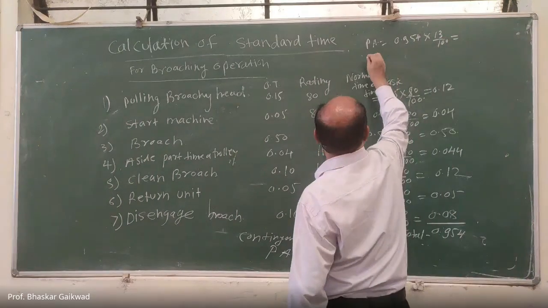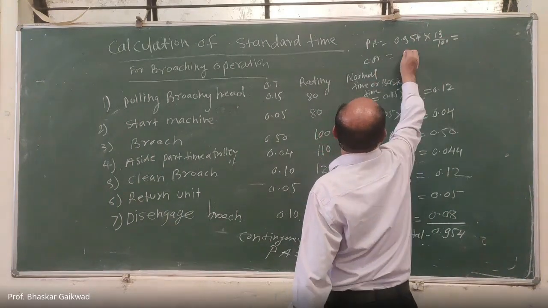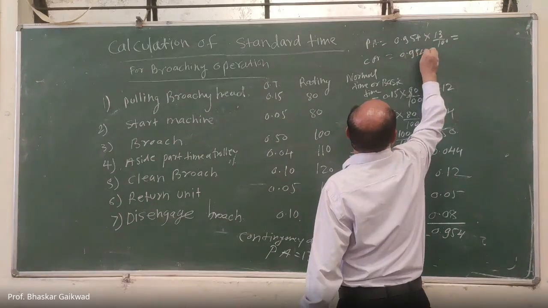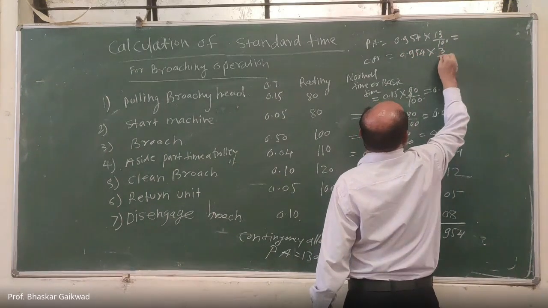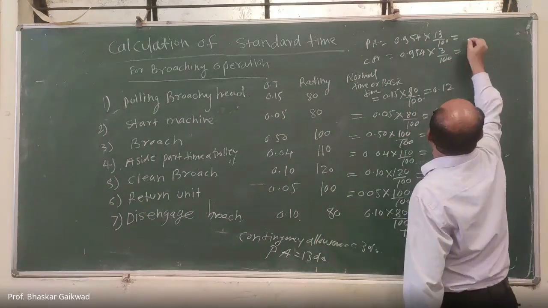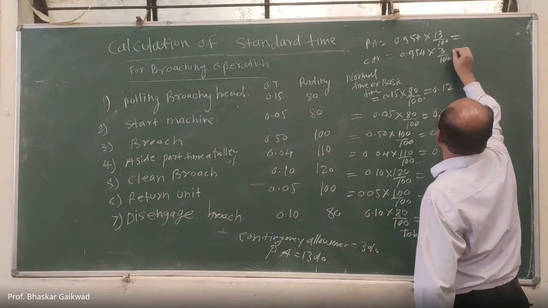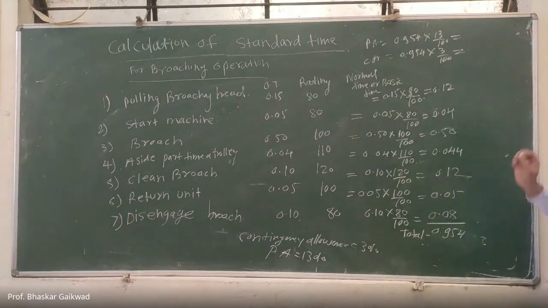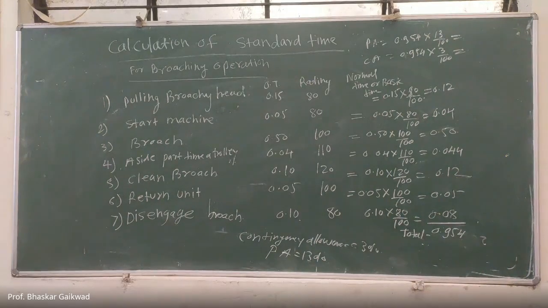Then contingency allowance, 0.954 into 3 divided by 100. Calculate what the personal allowance and the contingency allowance are on the total basic time.